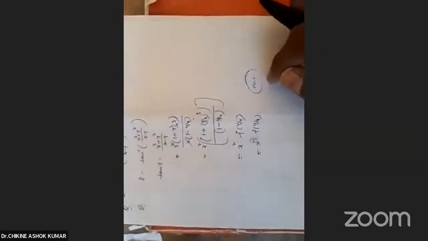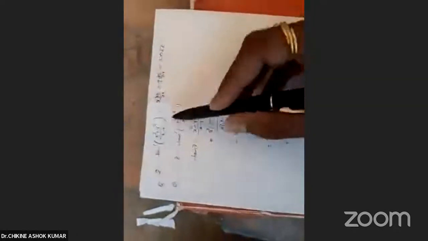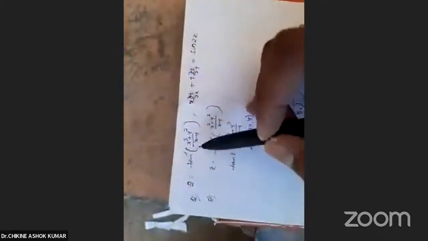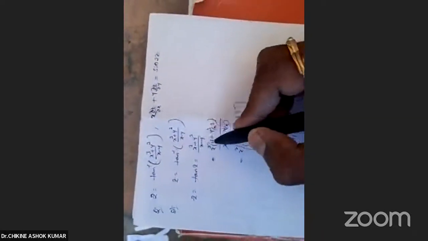Okay, if you know the n value, then coming to Euler's theorem. First I am going to find n from this equation, because here it doesn't give an n value, but it is asking x dou z by dou x plus y dou z by dou y equal to sin z. So consider tan z equal to (x cube plus y cube) by (x minus y). From this equation I got x square into f of y by x, so x to the power of n into f of y by x, so n equal to 2.